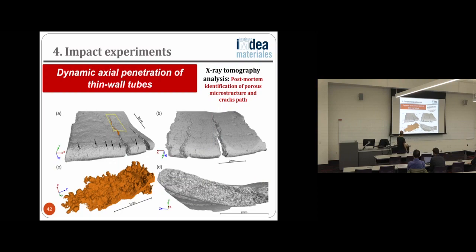This is pretty tedious work, and is still in process. Something we already published last year in JMPS. Now we are writing a number of papers with the information that I'm showing you here.